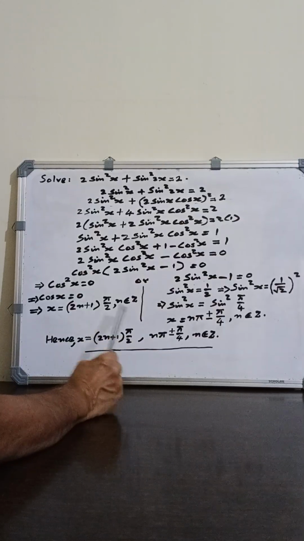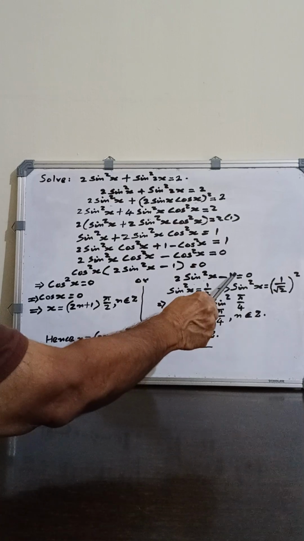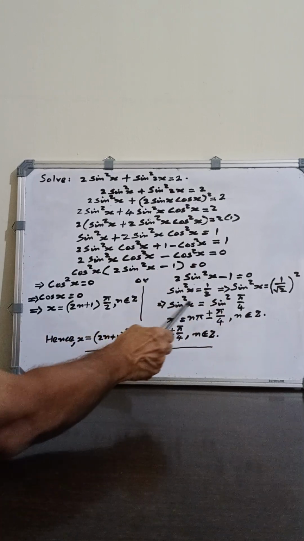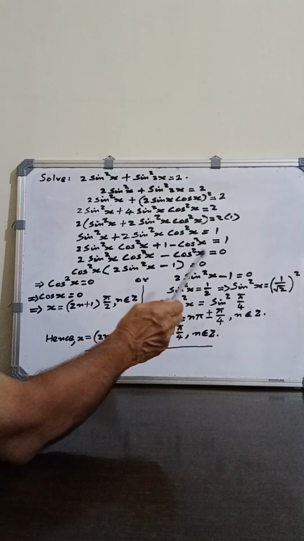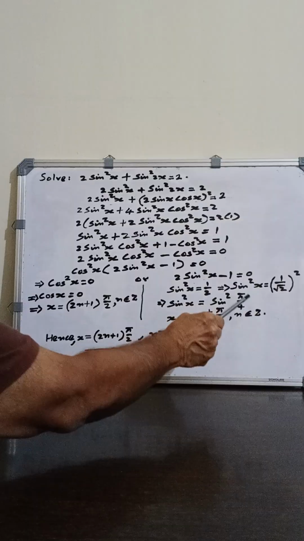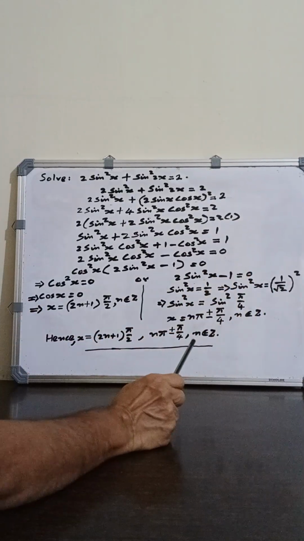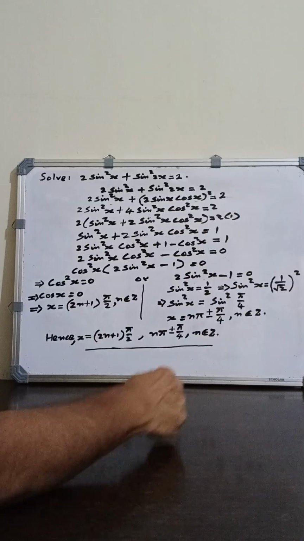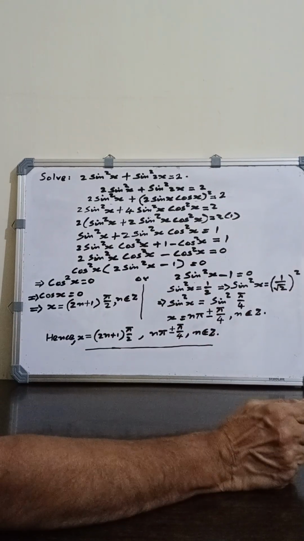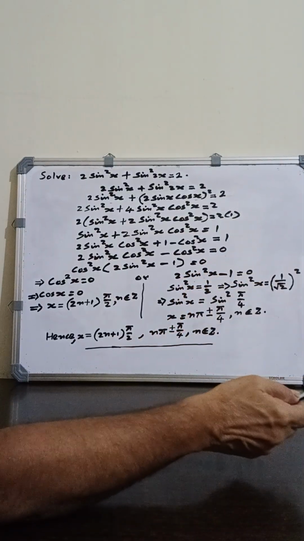Or 2 sine squared x minus 1 equals 0. Therefore, sine squared x equals 1 by 2. That is, sine squared x equals 1 by root 2 the whole squared. Sin x equals 1 by root 2, then sin x equals sin pi by 4.